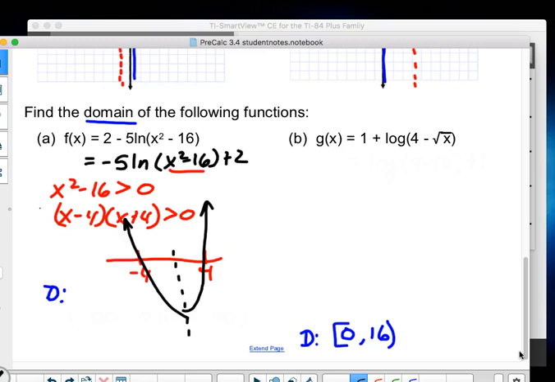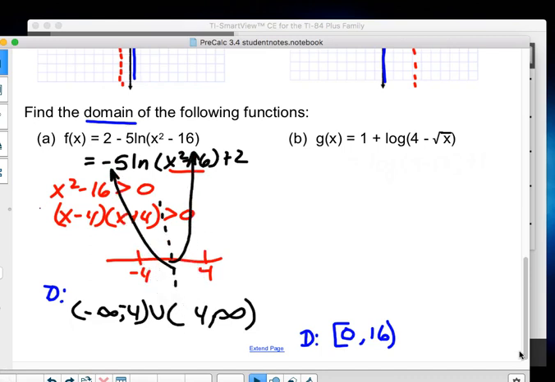Can't include negative 4 because then it's 0. And from 4, can't include it, to infinity is where this domain exists. So I'm looking at my domain as being from negative infinity to negative 4, and from 4 to infinity. And I'll get that other junk out of your way. Okay, does that make sense where I got those from?